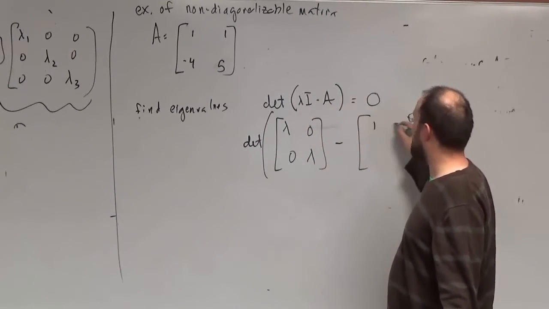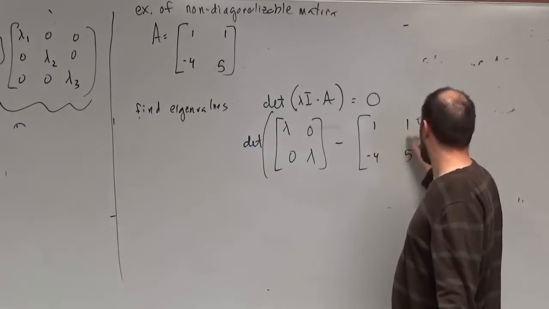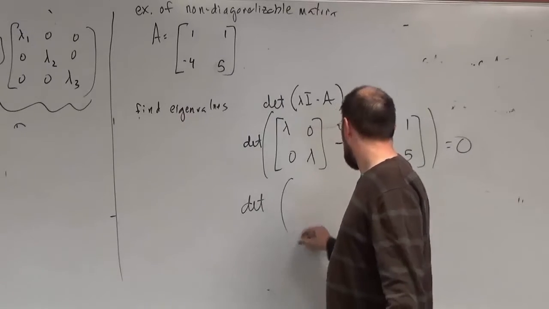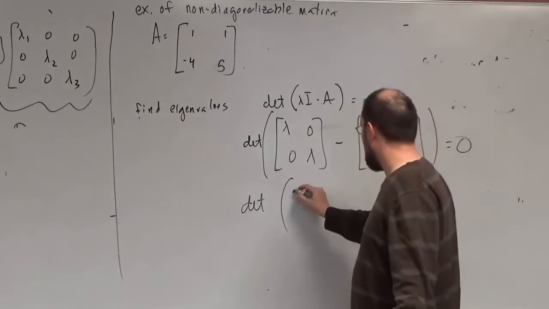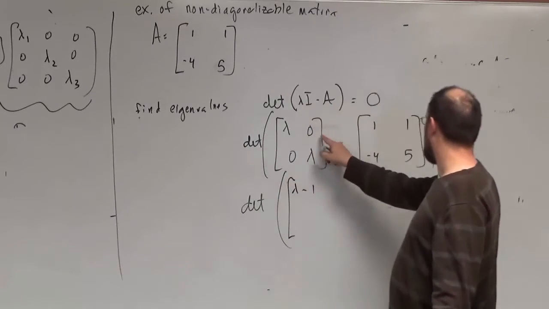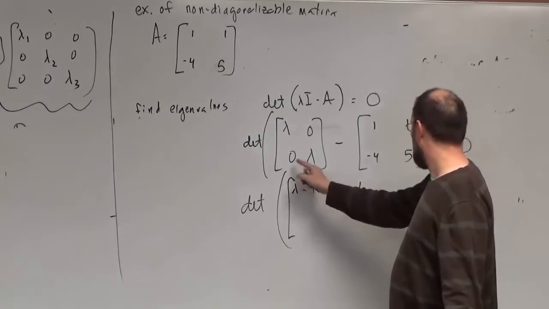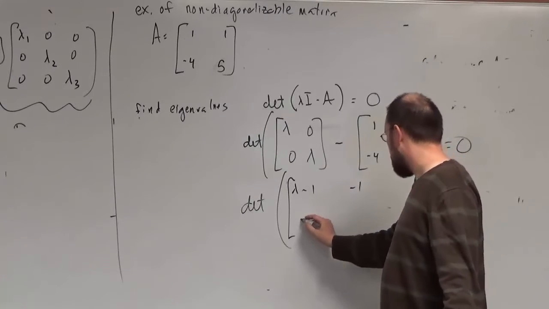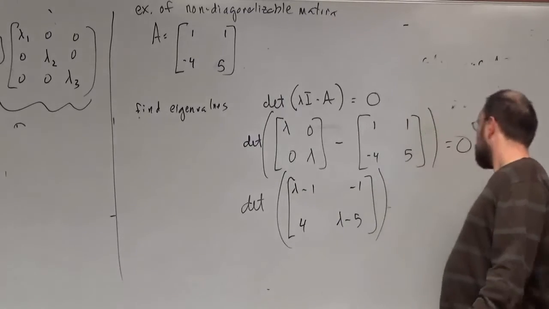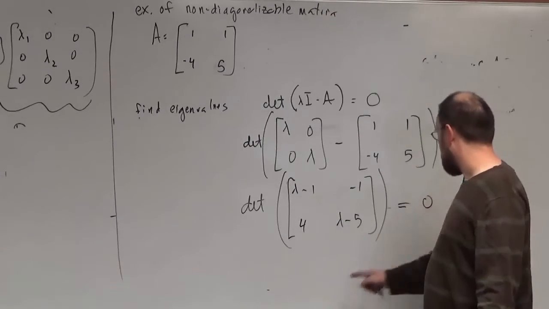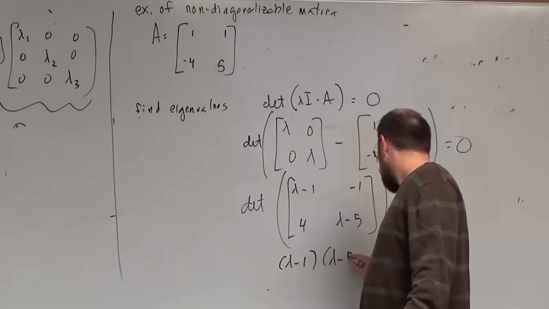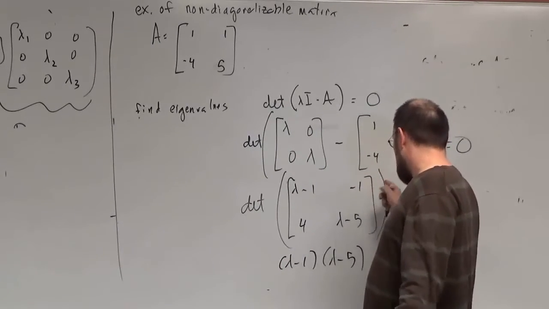Here's A. Then we have lambda minus 1. We have 0 minus 1. Minus negative 4, positive 4, and lambda minus 5. And that's set equal to 0. Complete the determinant, and you get lambda minus 1 times lambda minus 5, negative 4, minus a negative 4 is plus 4.